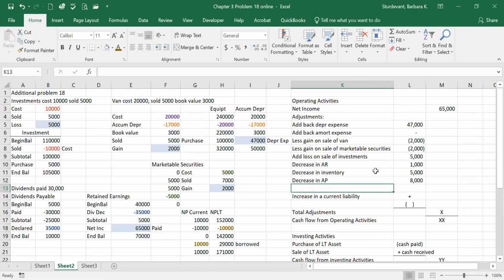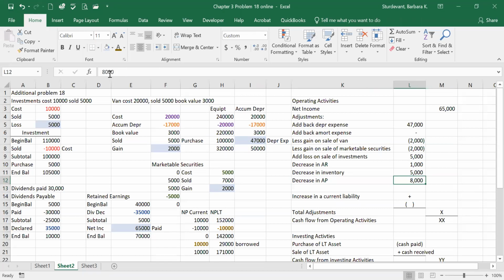These decreased, that increases cash flow. Current liabilities are the same. So let's think about this. If our accounts payable decreases, what's that going to do to our cash flow? It means you're paying someone off, so your cash flow is going to decrease because you're losing cash. Okay, so I've paid off bills that I owed from last year. So that is going to decrease my cash flow.